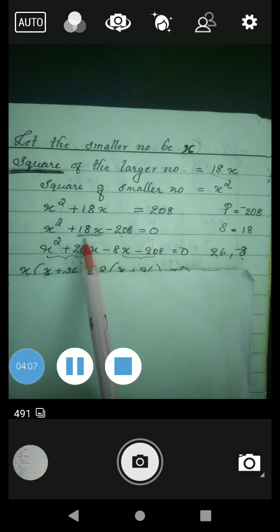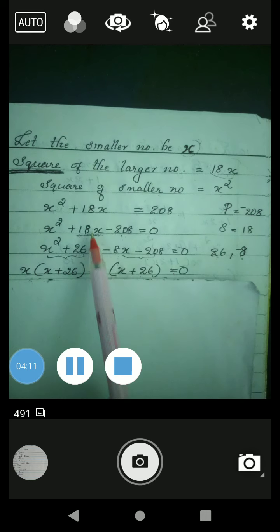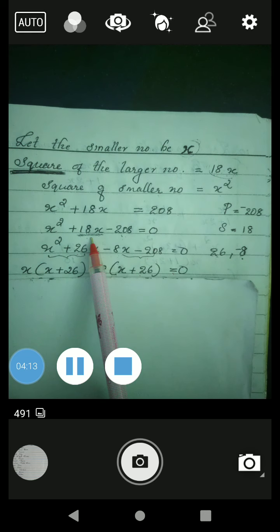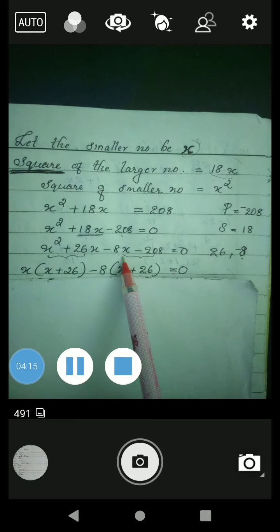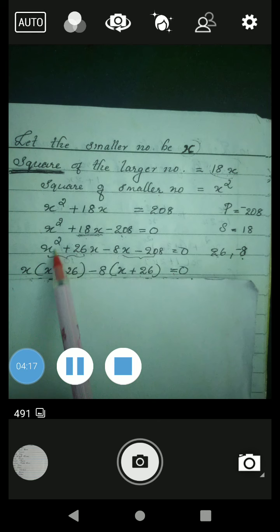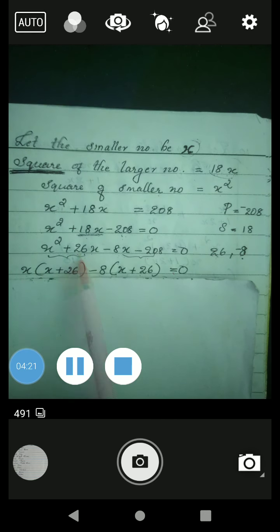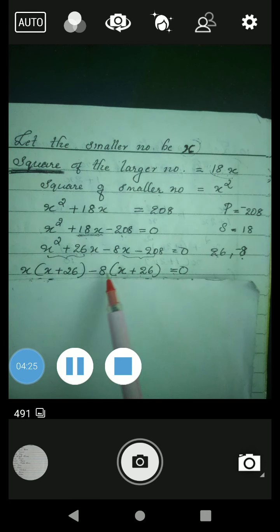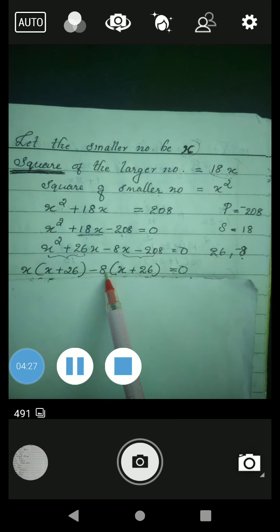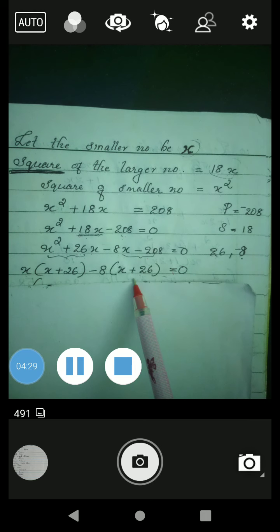You can split the middle term, that is plus 26x minus 8x, that is 18x itself. Can you see? Now grouping. These two in one group, these two in another group. What is the common factor in this? x is the common factor. In these two terms, minus 8 is the common factor. You can take it outside.